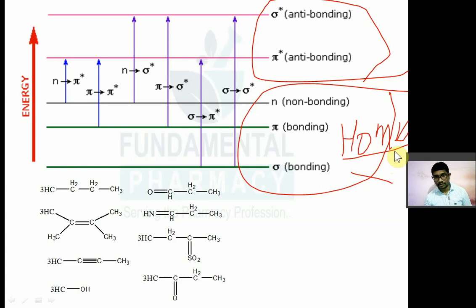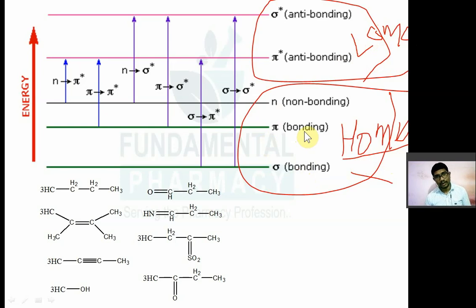They are converted into the excited state, a higher energy state level after absorption of radiation, known as LUMO. So HOMO means lowest energy state, LUMO means highest energy state.